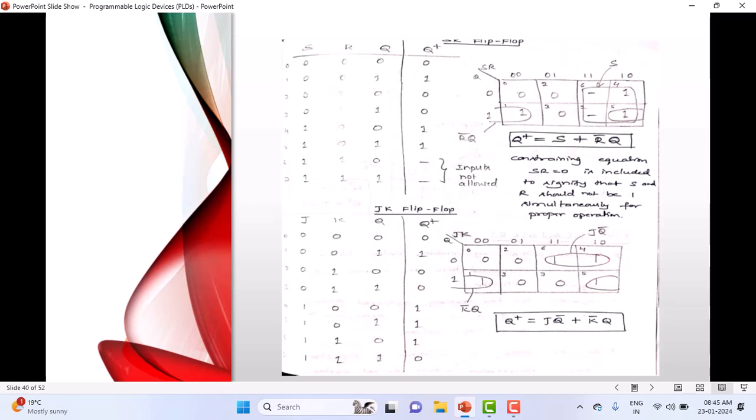And we treat that as don't care in the K-map representation, because I told you that we use K-map for deriving the characteristic equation. This is a characteristic equation. You can also obtain this characteristic equation just by analyzing the state table. But I would suggest using K-map to have an accurate expression. K-map is the best way to simplify and obtain the reduced form of equations.